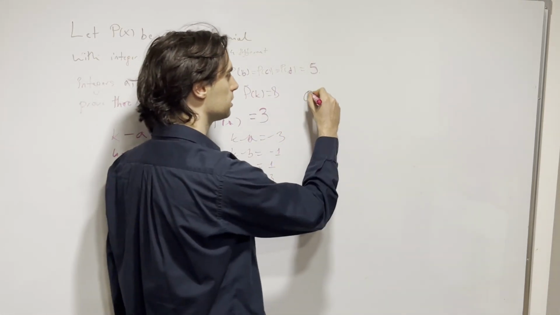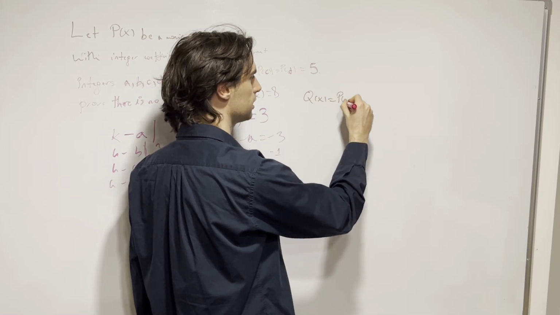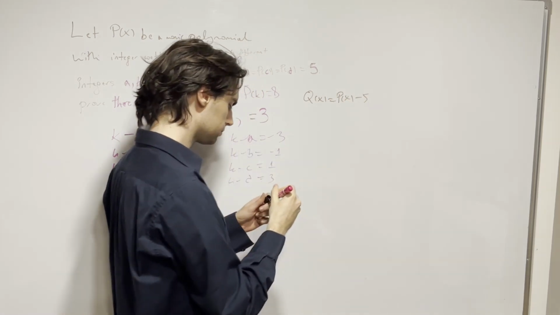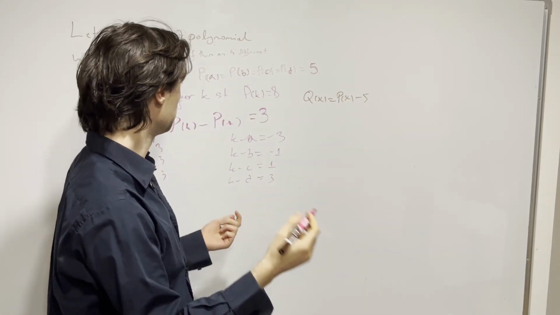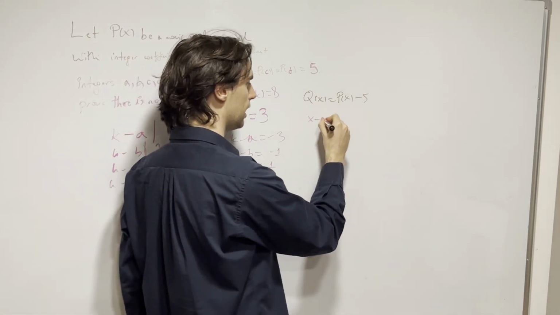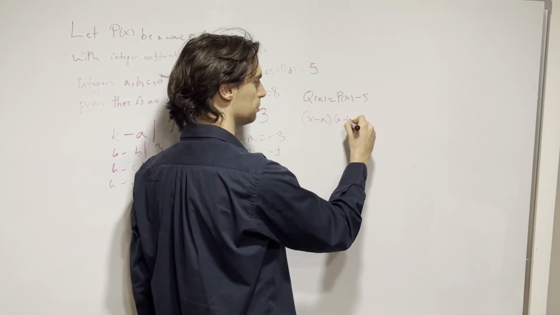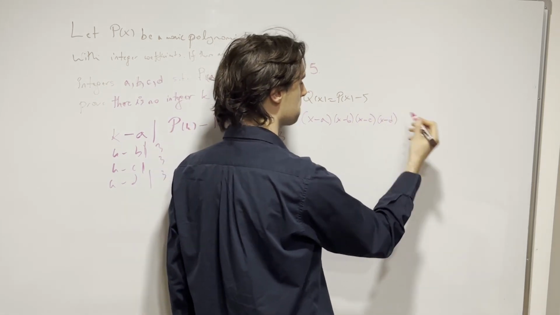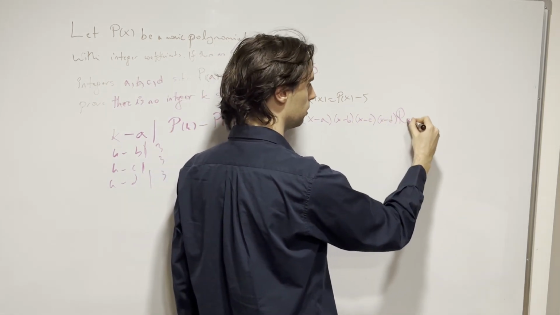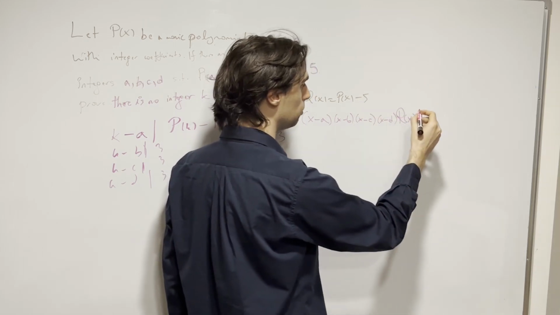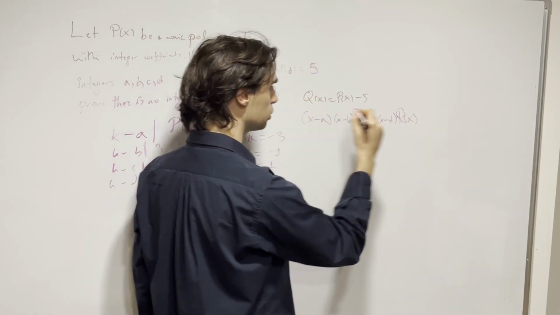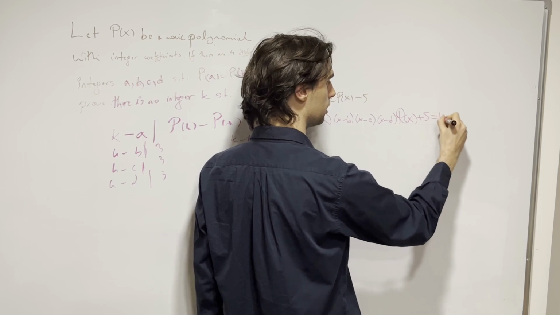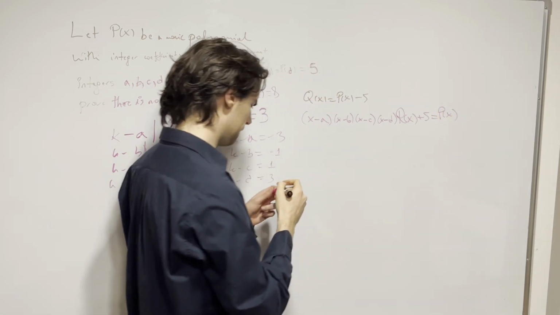Let q of x be equal to p of x minus 5. Then this polynomial can be written as x minus a times x minus b times x minus c times x minus d times some other polynomial r of x, which is also monic. So p of x is equal to this plus 5.